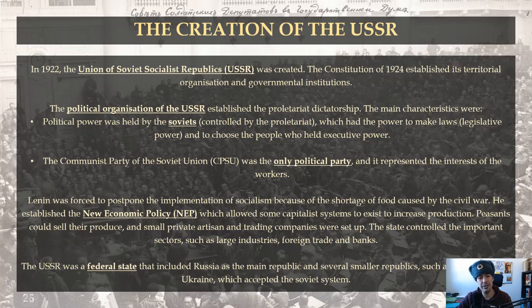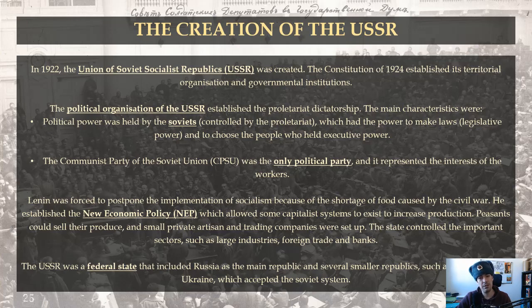So, in 1922, after their victory in the Civil War, they created the Union of Soviet Socialist Republics, the USSR. And they wrote a constitution two years later, in 1924, which established their government institutions and their territorial organization.